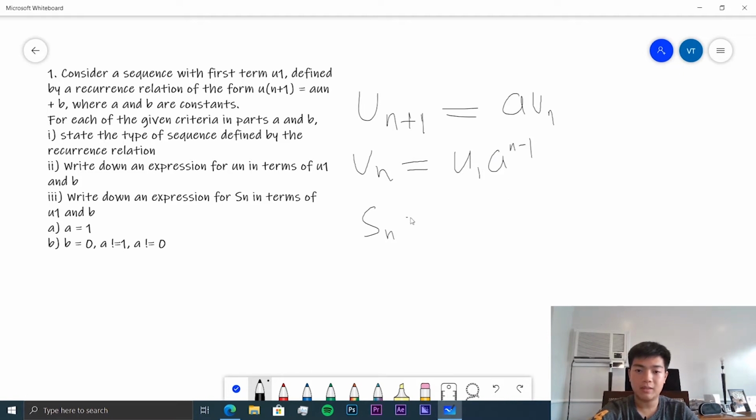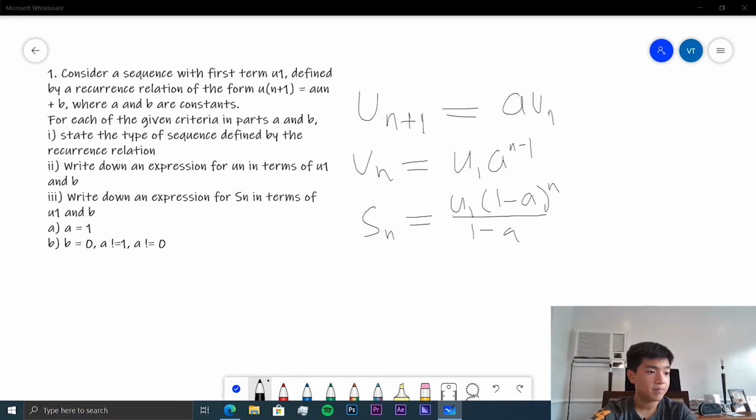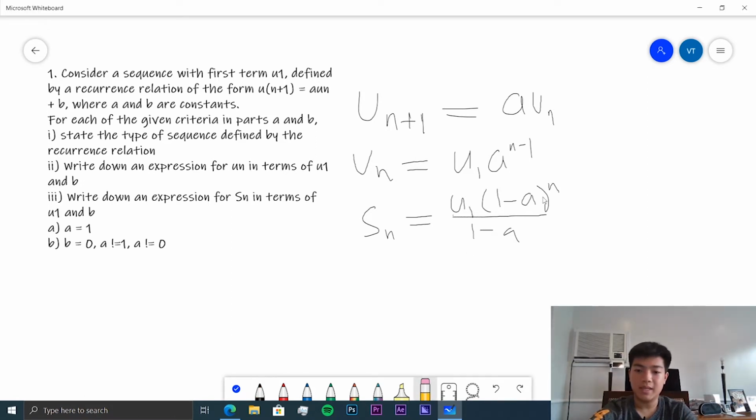And so the sum of the first n terms would be this geometric series. This would be u1 times 1 minus a to the n over 1 minus a, I believe, is the geometric series sum. Or a to the n minus 1 over a minus 1. Yep, so that's the sum.